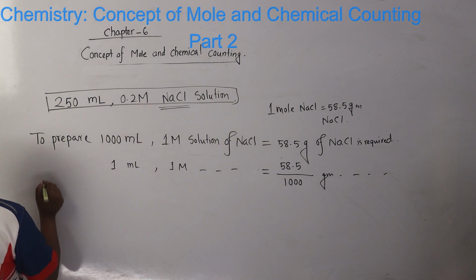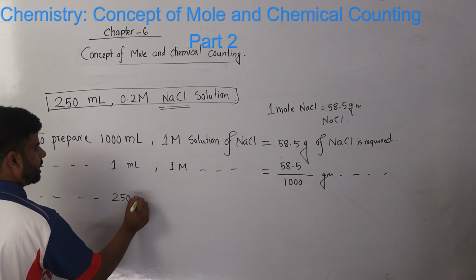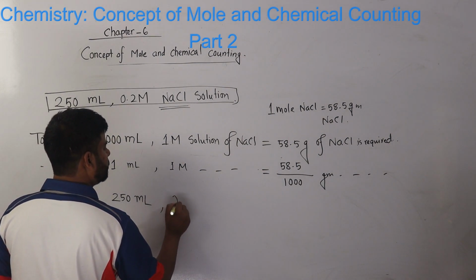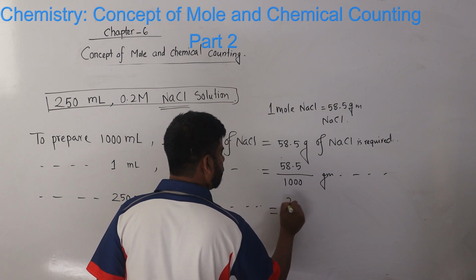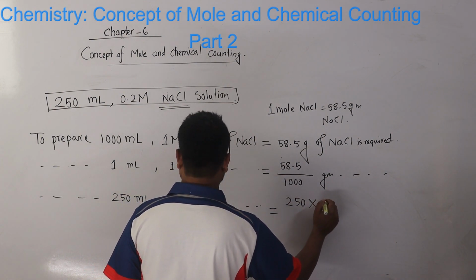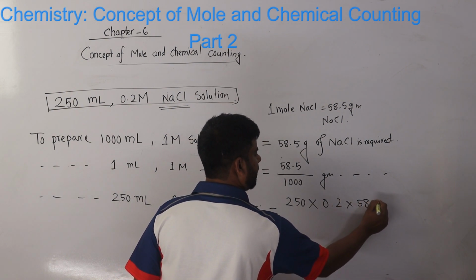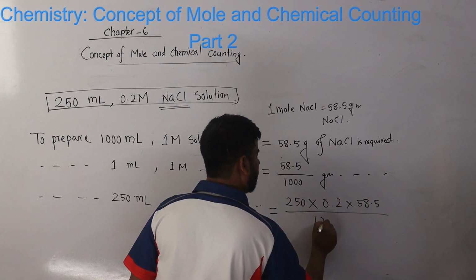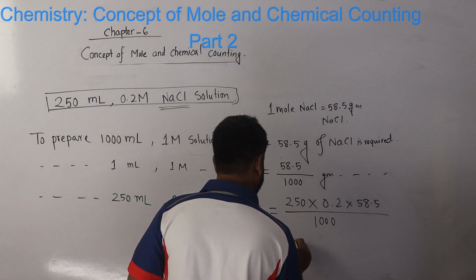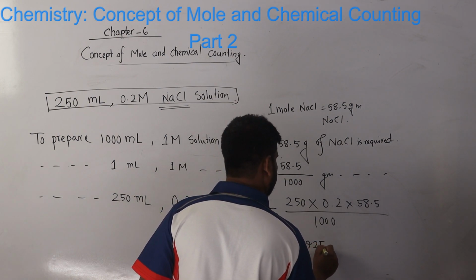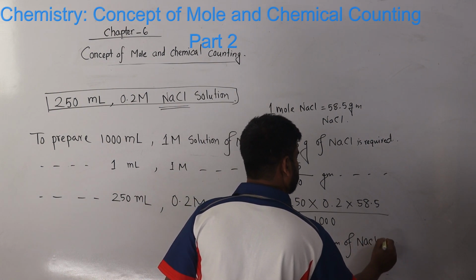But to prepare 250 milliliter solution of 0.2 molar, 250 into 0.2 into 58.5 divided by 1000. So after calculation, the answer is 2.925 gram of sodium chloride is required.